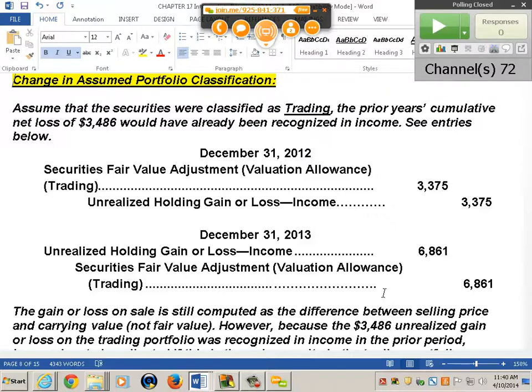And we've amortized it down, or up I should say. And the valuation allowance was a write-up in the first year, $33.75. So in the first year, you're amortizing the discount, you debit the valuation allowance, and you credit the gain.